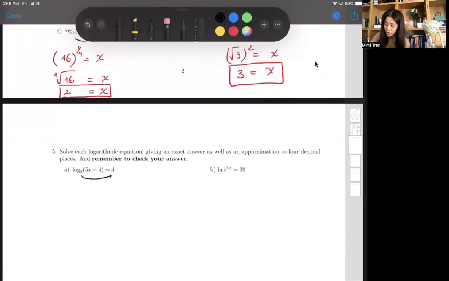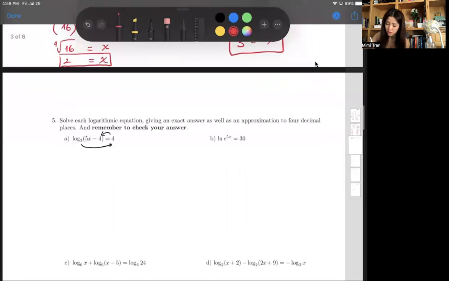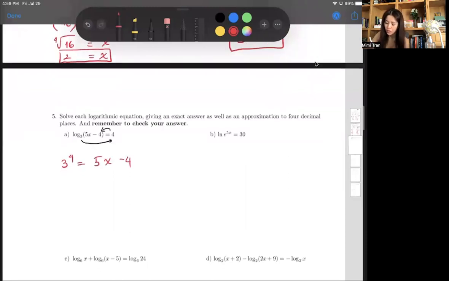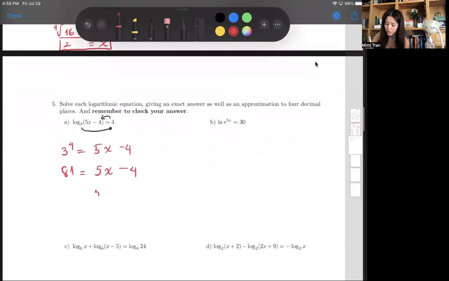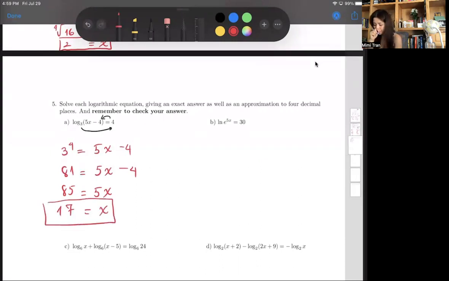So 3 to the 4 equals whatever the input is, 5x minus 4. 3 to the 4 is 81, equals 5x minus 4. Add 4, so 5x equals 85. Divide both sides by 5, x equals 17. I have a feeling we did this before in the lecture.